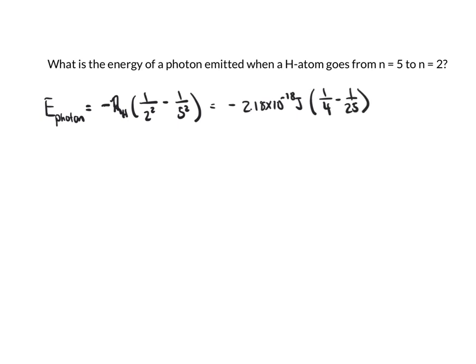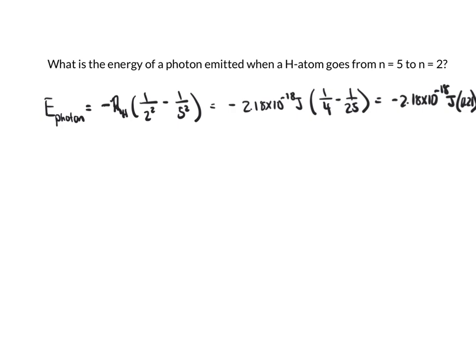And so if we do that on our calculator, we get minus 2.18 times 10 to the minus 18 joules times 0.21.